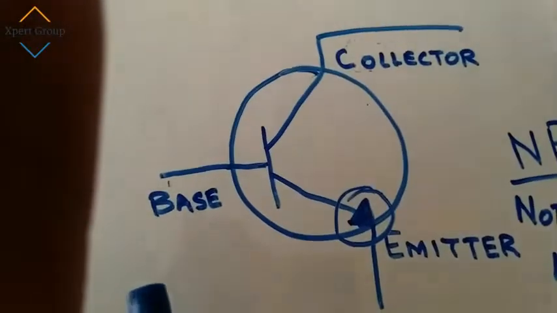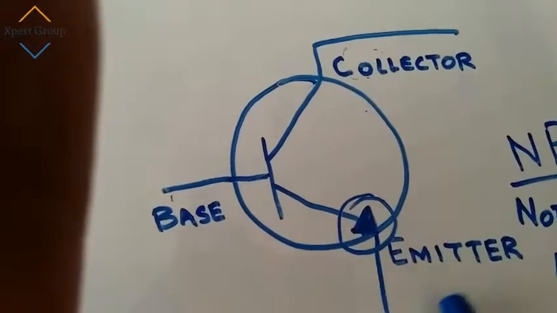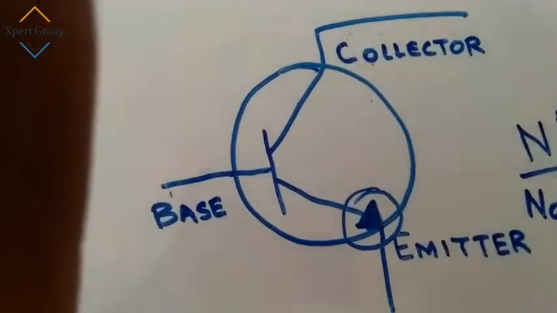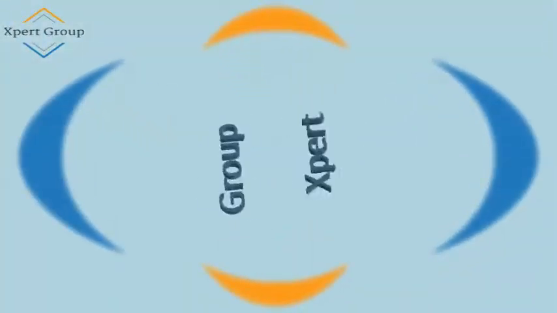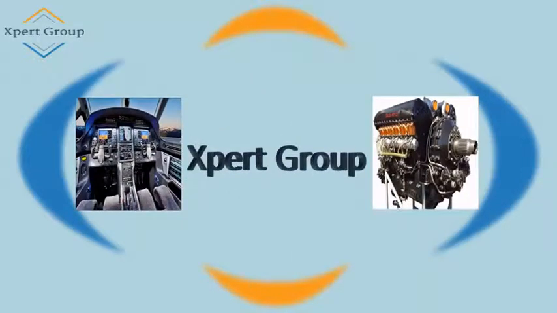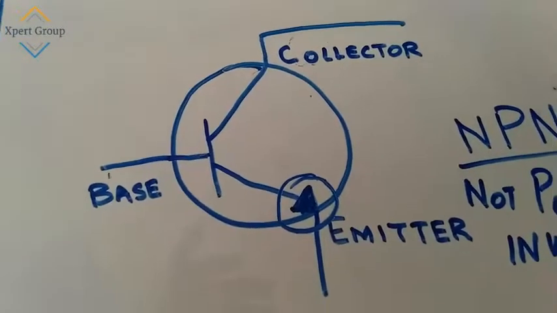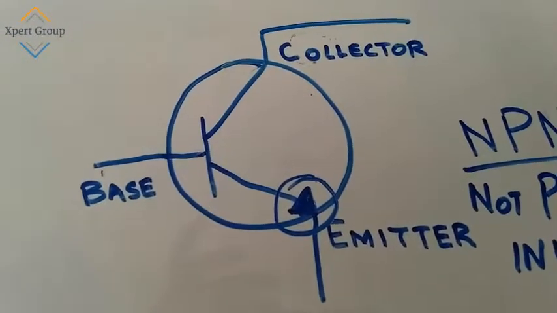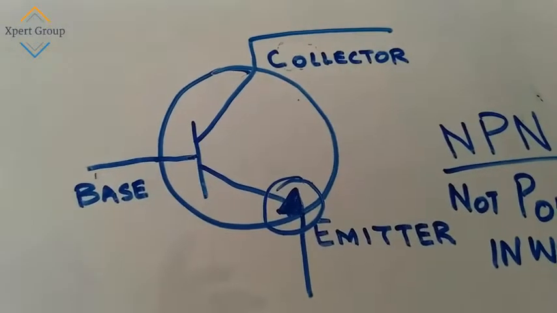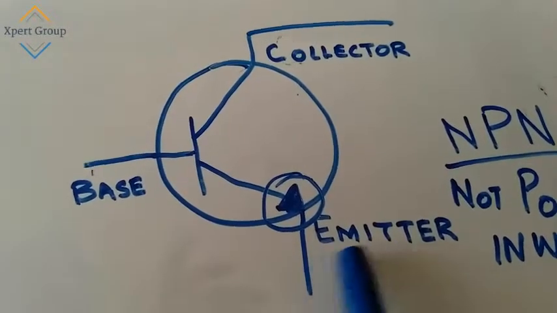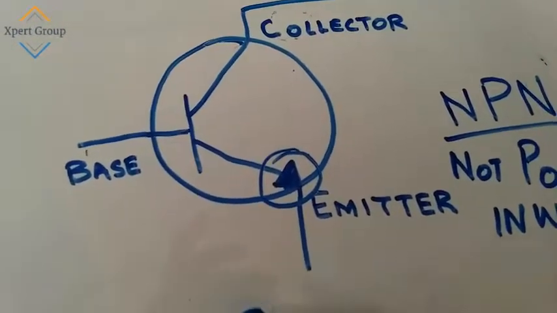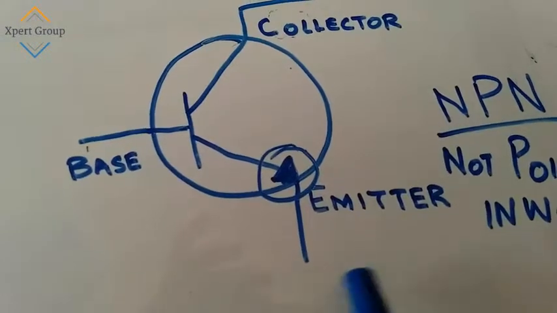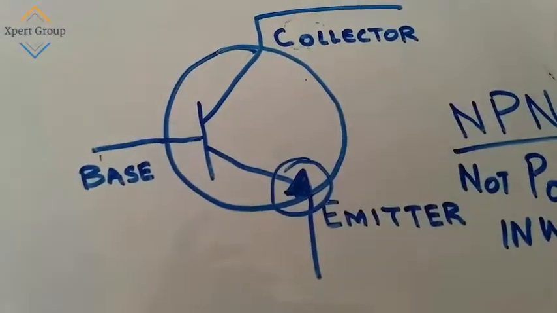Here you can see the base, the emitter, and the collector. Now gentlemen, I will describe these three main parts of the transistor. As you can see from the name, emitter means this is the part that emits the current or electrons to the other two parts of the transistor.